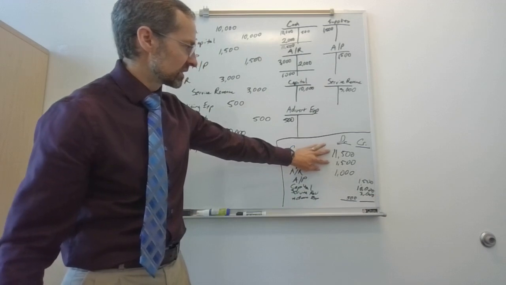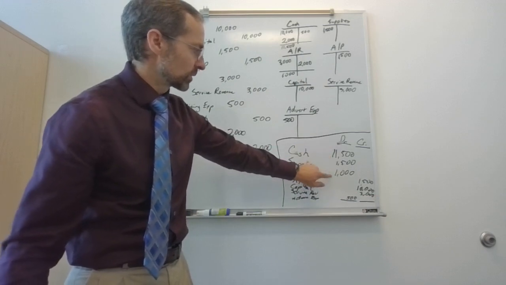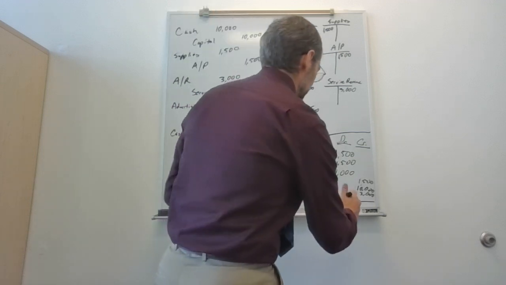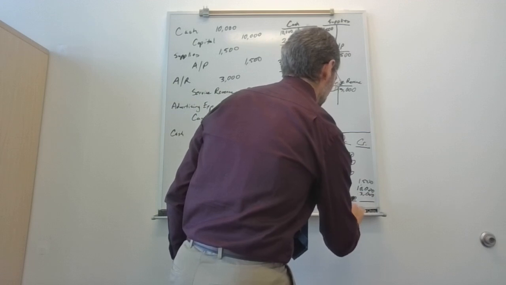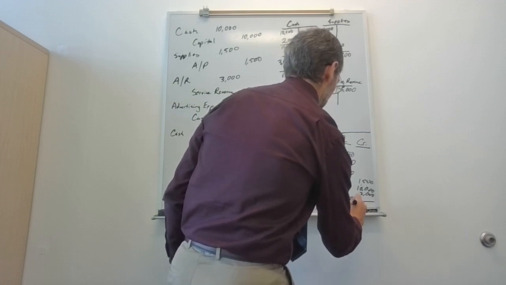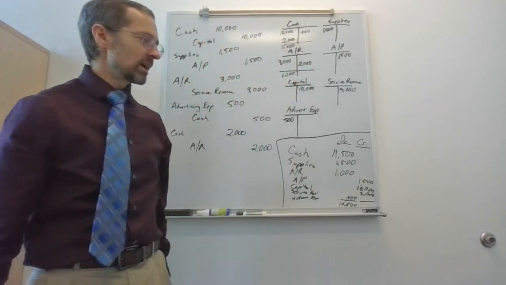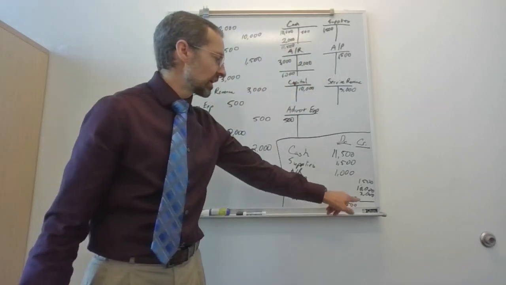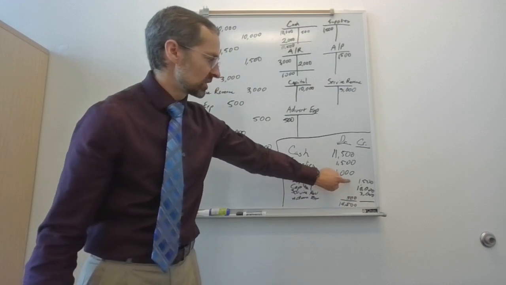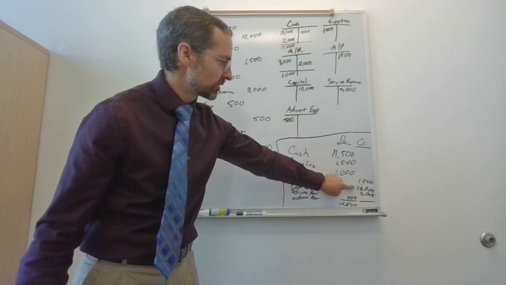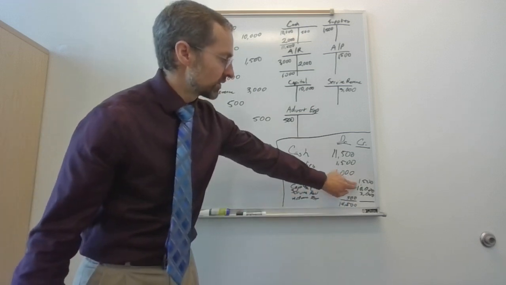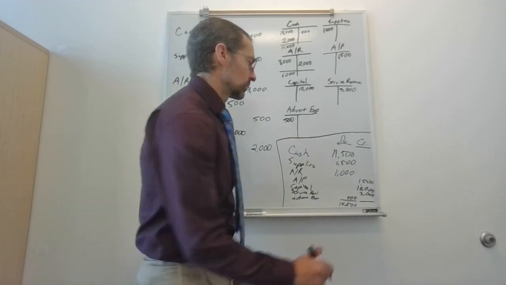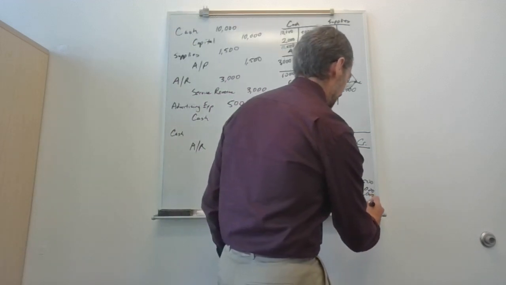So let's see, this is 13, 14, 14,500 on the debit side. If I did it right, I should have the same number on the credit side. So let's add that up. 11,500 plus 3,000 is 14,500.